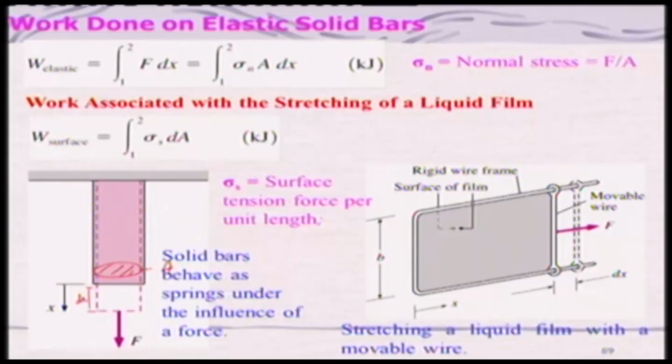There are two surfaces, one here and another on the other side. Therefore the change in area will be dA = 2b dx. Then you can integrate this and get the work done.